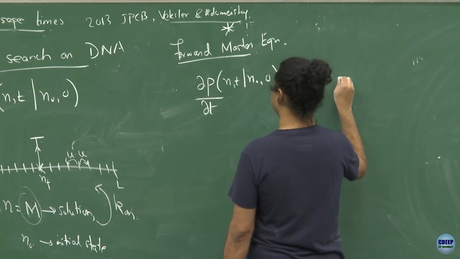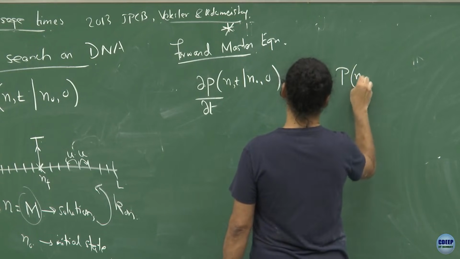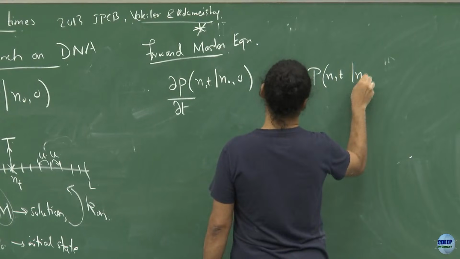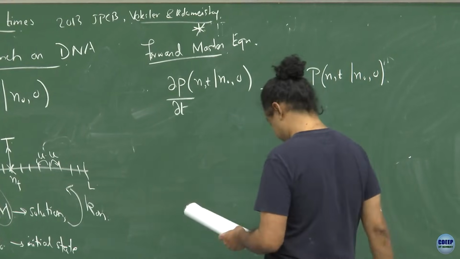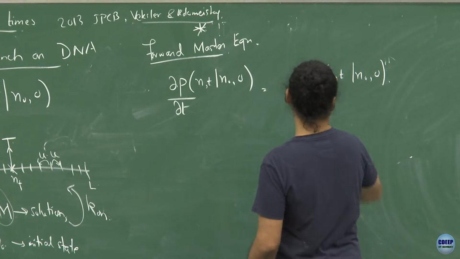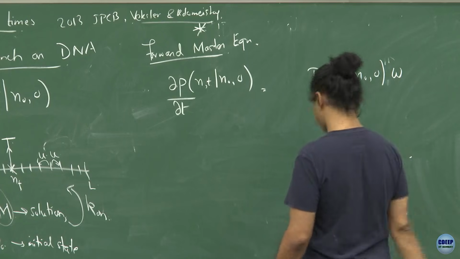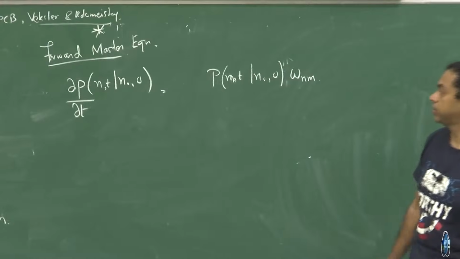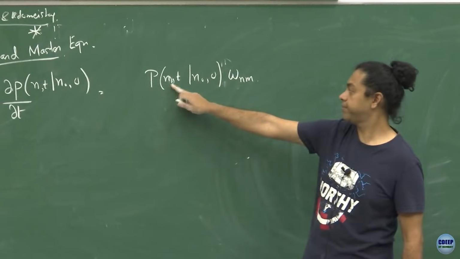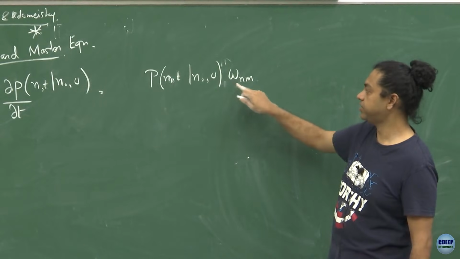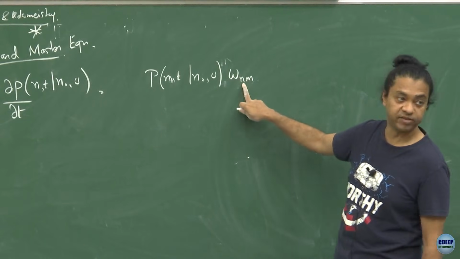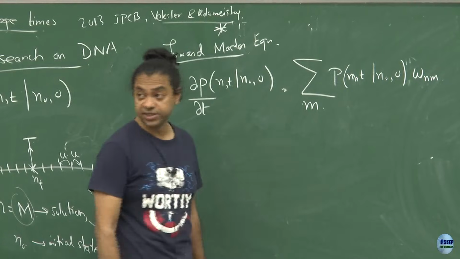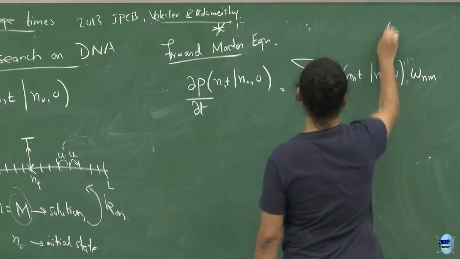The gain terms are that I come into this state P of n comma t from any other state. So I come from any other P of m, and then I have some transition rate to go from that m to n. I am at some site m, that probability times the transition rate to go from that state m to my desired state n, and I sum this over all possible states that I could have come from. This is my gain term.